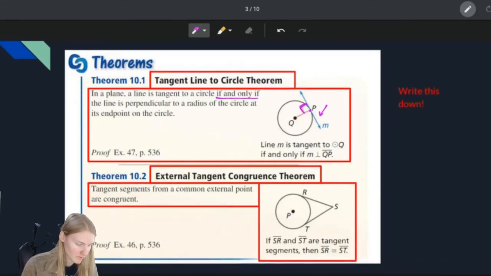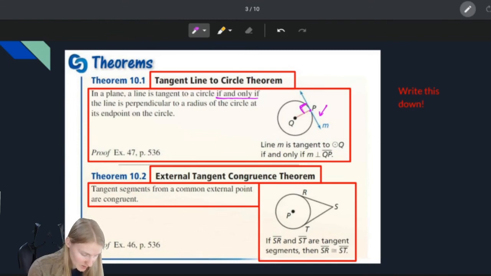Alright, the next one, the external tangent congruence theorem, a fancy name for a simple thing. Tangent segments from a common external endpoint, or external point, are congruent.